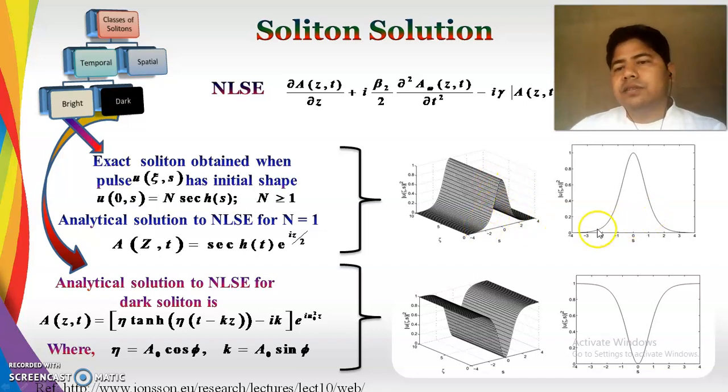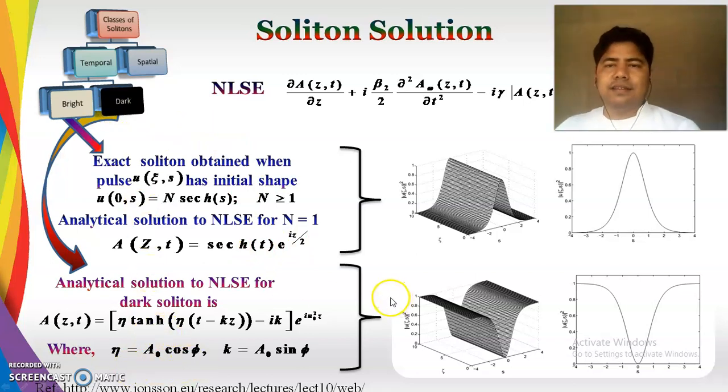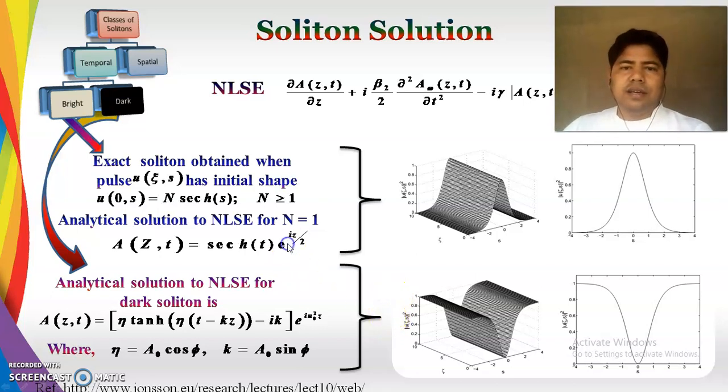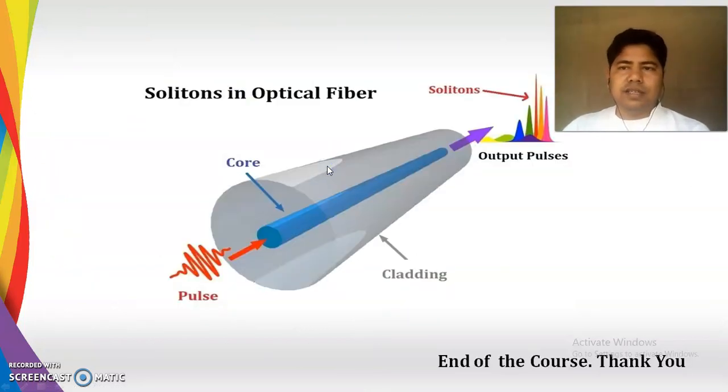So these are the two kinds of temporal solitons, dark and bright. For the bright soliton the solution is sech, and for the dark soliton it is tanh pulse. Up to this we finish our discussion.